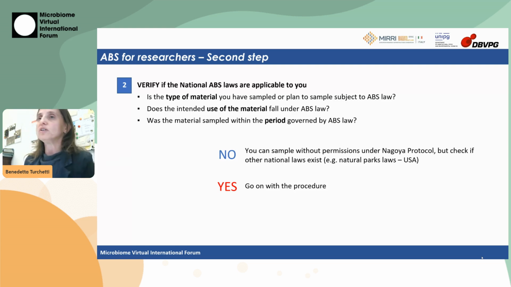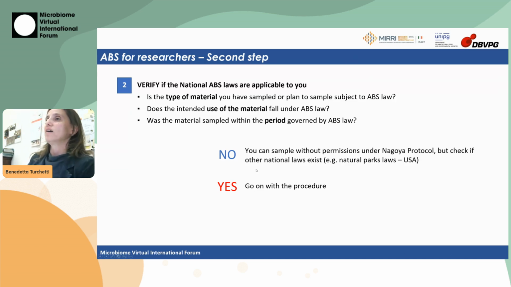And also you have to check if the material is going to be sampled within the period governed by ABS law. The Nagoya Protocol is from 2014, but it's possible that the country you are interested in started all the procedures later, or after a specific year.